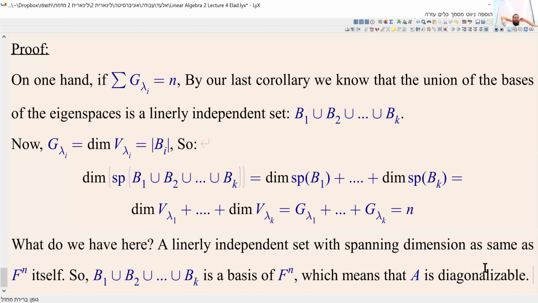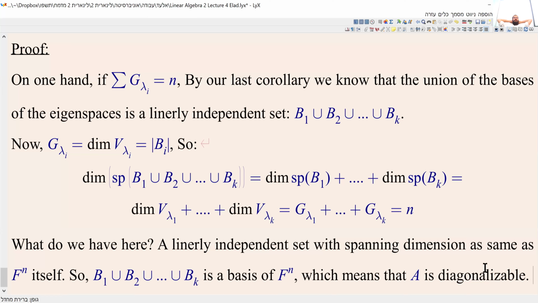So if we know it's a basis, then we know that the other two are true.